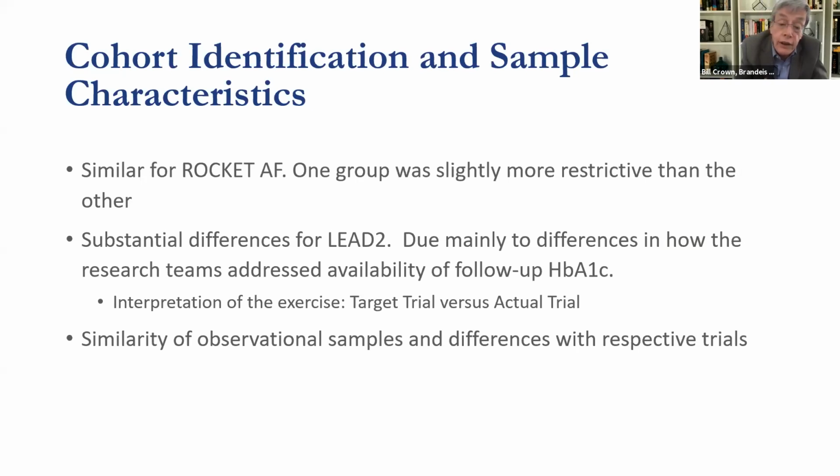And much as Sebastian was pointing out, for Rocket AF, the observational cohorts were less clinically severe, I would say. The CHADS 2 scores were skewed towards the lower levels. They were less likely to have had previous congestive heart failure. They were less likely to have had previous stroke or systemic embolism.